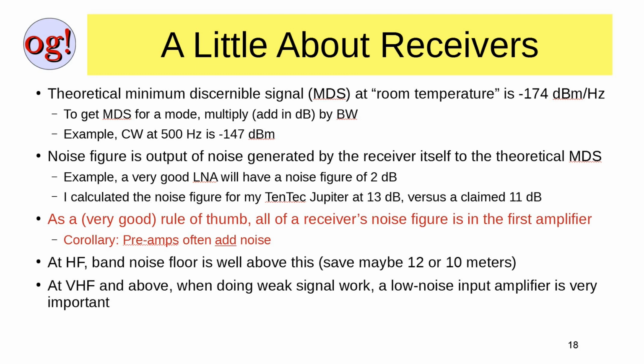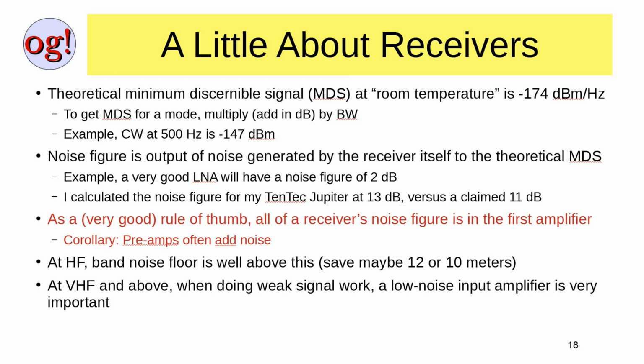Now the manual claimed 11 dB, but I believe the 13 dB. But this is typical for an HF receiver because the noise floor is well above that point anyway, so it doesn't matter.